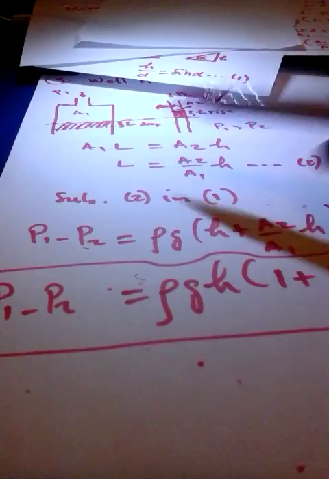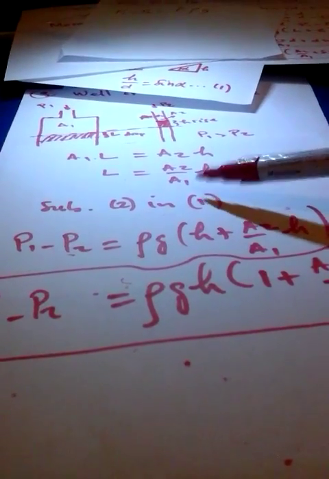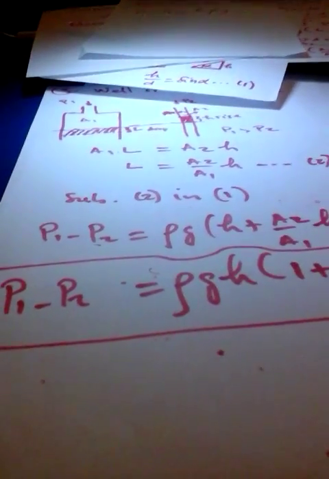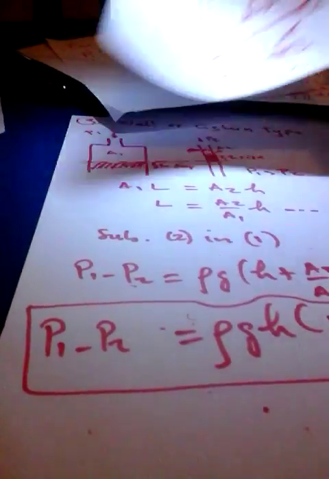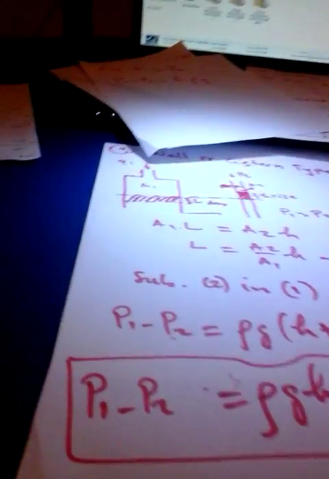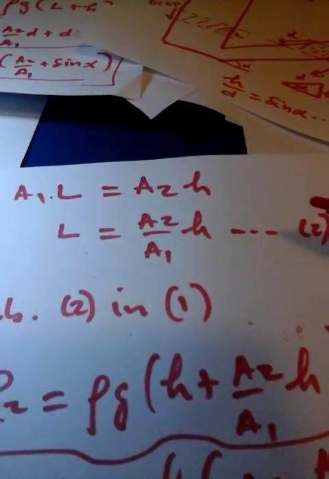Then we can find L. L is equal to area 2 over area 1 multiplied by H. We call this equation 2. The first one we call equation 1, and the other one is our equation 2.